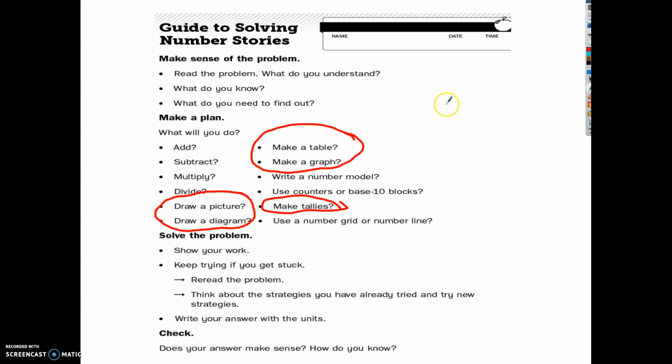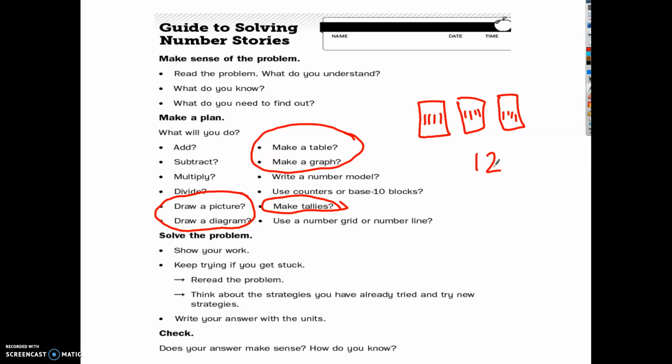This is an example of when in doubt, draw it out. Let's say you have 3 tables, and you need to give each table 4 scissors. So you give each table 4 tallies. Count those up. 1, 2, 3, 4, 5, 6, 7, 8, 9, 10, 11, 12. How many scissors do they get? They get 12. That's an example of drawing a picture. It doesn't need to be fancy-pantsy.